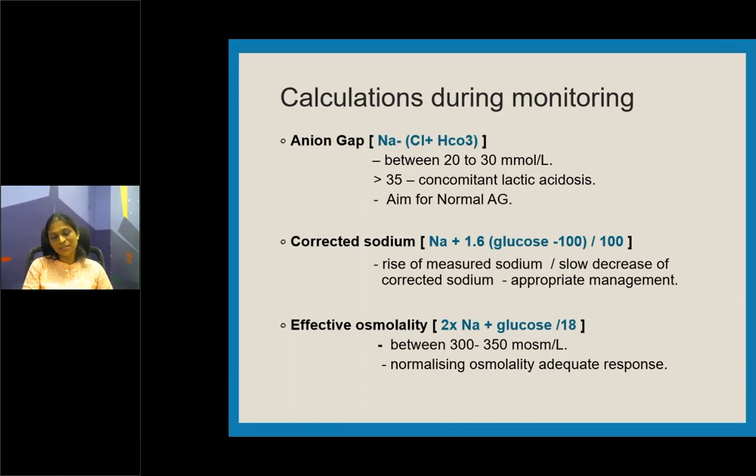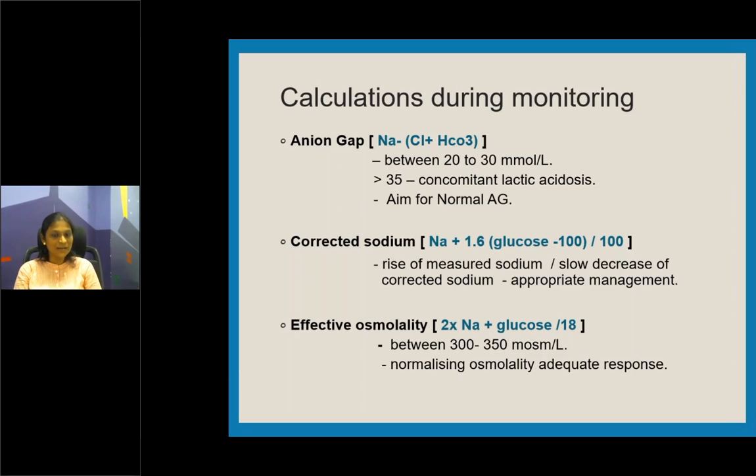So the effective osmolality is calculated by twice the sodium plus glucose divided by 18. In DKA, the measured calculated osmolality is usually between 300 to 320 or 330. Only in a hyperosmolar state is the osmolality more than 330, or up to 350 also.